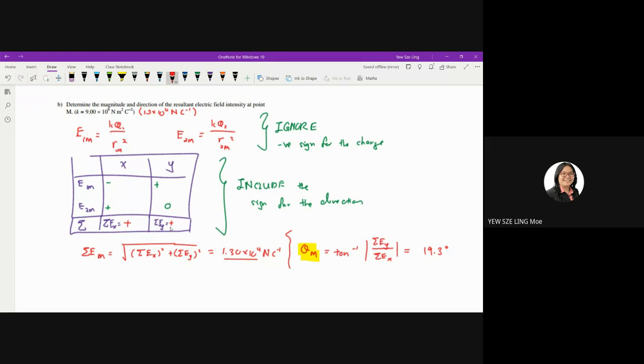Positive, positive tells you that your resultant vector should be lying in the first quadrant. Therefore, 19.3 degrees is located above the positive x-axis. So that is how you describe it.